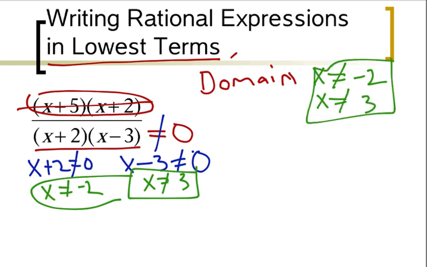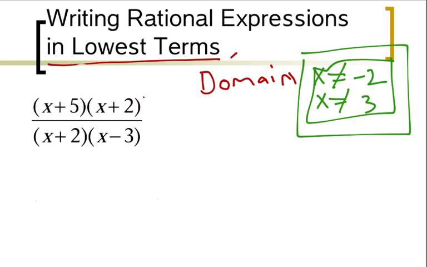It might ask for restrictions, or it might ask about the domain, and this would be that answer. Now that we've decided that, we go back to what they were asking us to do in the first place, which is to write this in lowest terms. That means cancel anything that you can cancel.